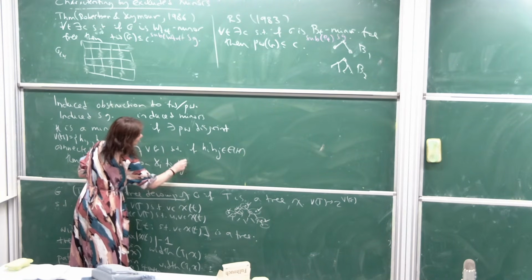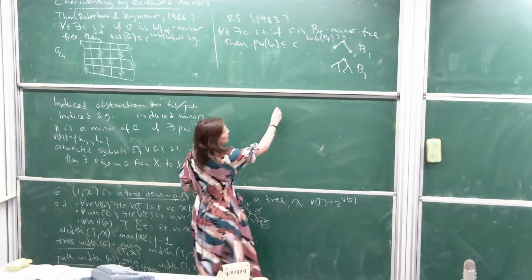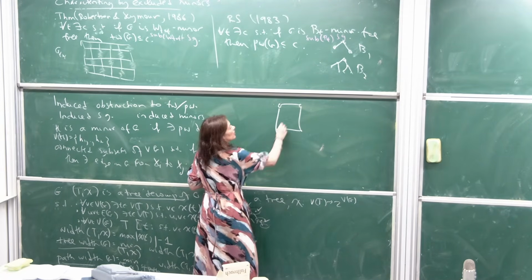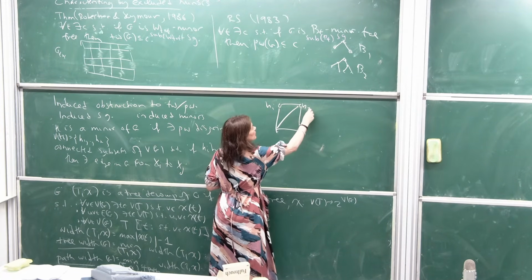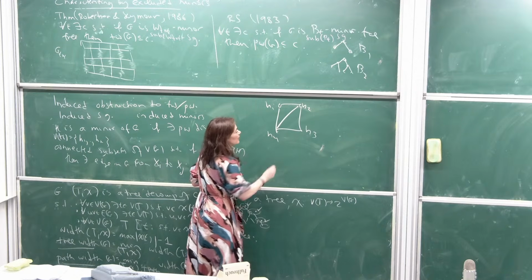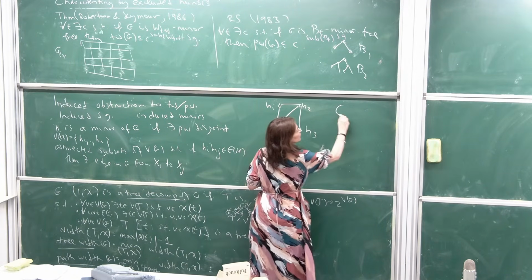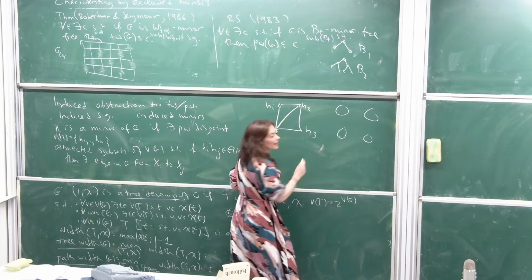You probably know this definition. This is H. To contain H as a minor means you can find k connected subsets.